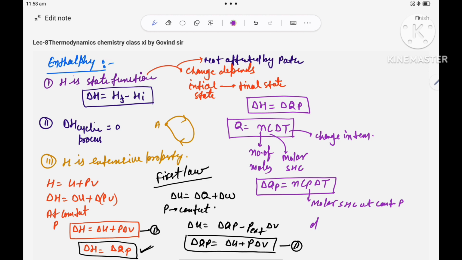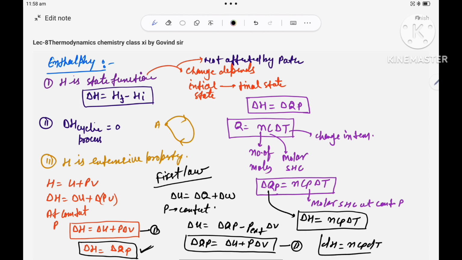How to find delta H? So here what you can say, children? QP is equal to delta H. So at this place you can write delta H is equal to n CP delta T. For a small change, dH is equal to n CP dT.